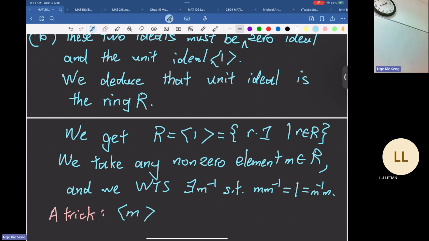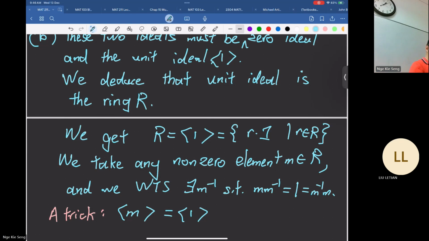So this M ideal has to be the zero ideal, or the ideal generated by one. The zero ideal only contains zero, but here it contains non-zero M. So this ideal generated by M must be equal to the ideal generated by one.